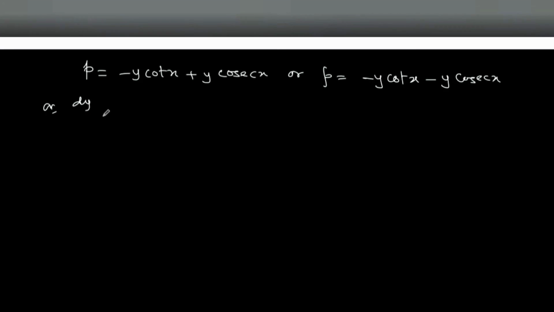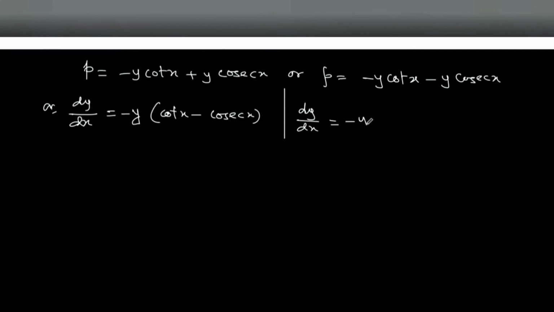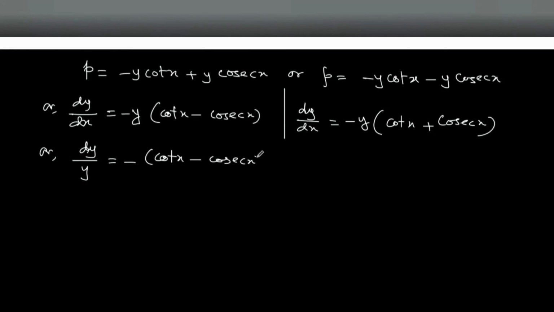Or dy/dx equals negative y cot x minus cosec x, or here dy/dx equals negative y times cot x plus cosec x, or we can write this as dy upon y equals negative cot x minus cosec x dx.